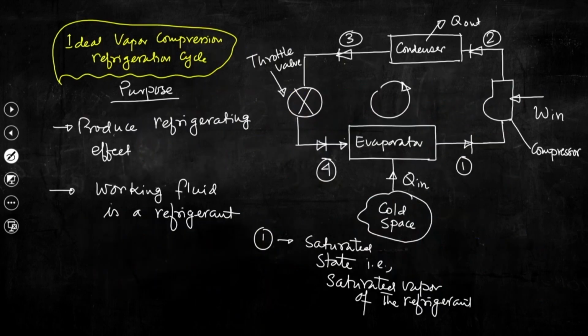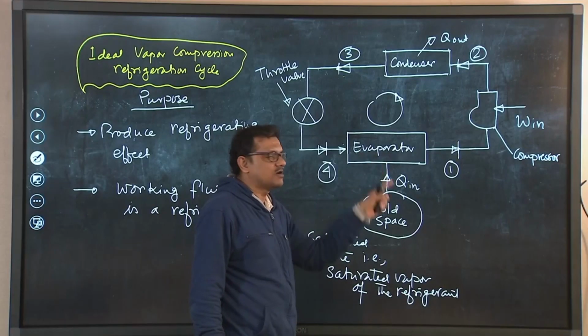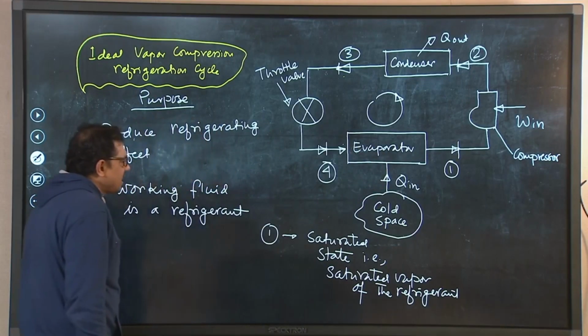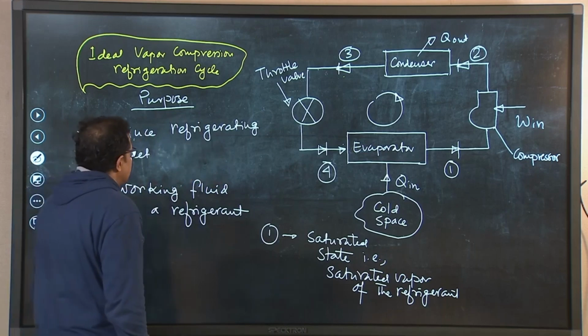If we go back to this slide, we assume that all the processes are at a steady state, and the working fluid is 1 kg. So, per kg of working fluid, if we apply the steady state steady flow equation across this evaporator, what can we write?